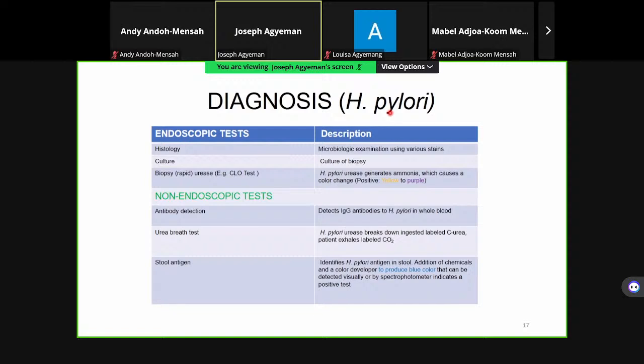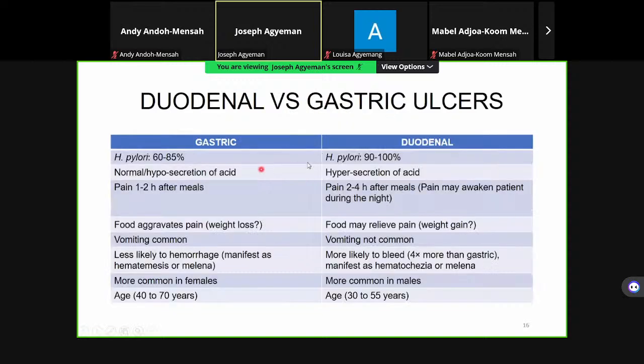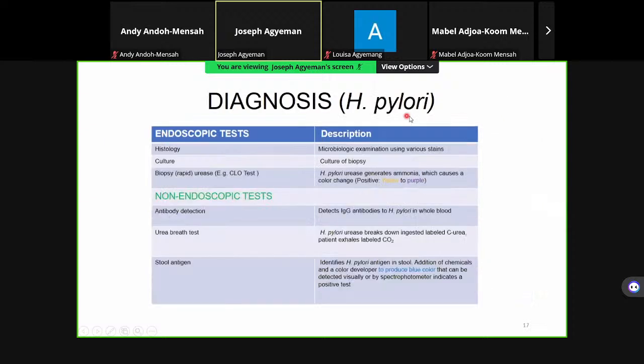So now, for diagnosis, we've mentioned H. pylori as being present in both gastric and duodenal ulcers. In both forms, you have H. pylori. So it is important that as part of the diagnosis, you test for the presence of H. pylori. For H. pylori, we have both endoscopic tests and non-endoscopic tests.